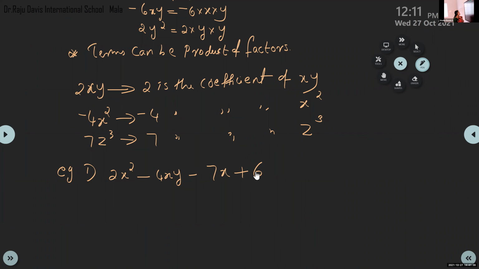Consider an example: 2x square minus 4xy minus 7x plus 6. Please write the coefficient of x square, the coefficient of xy, and the coefficient of x in this expression.